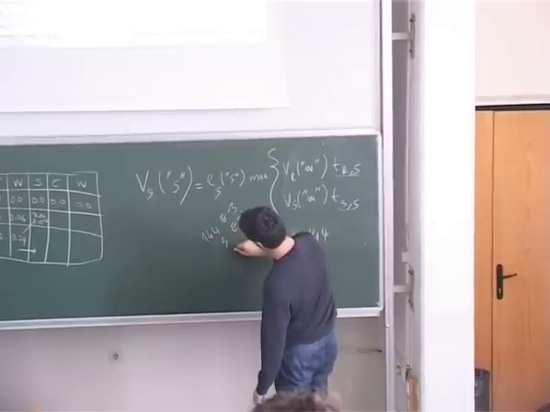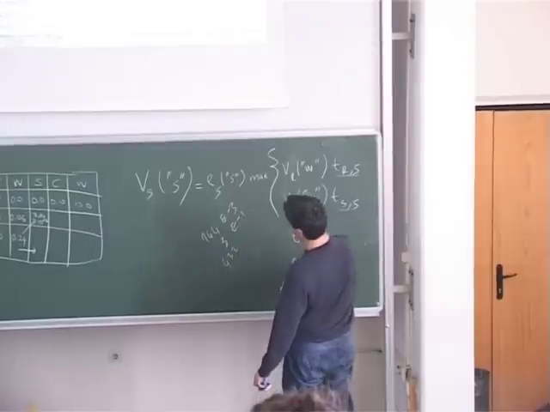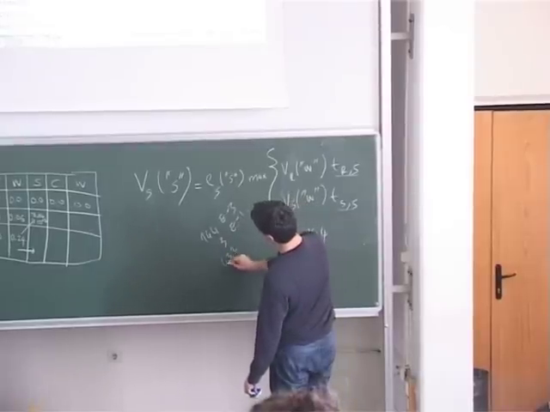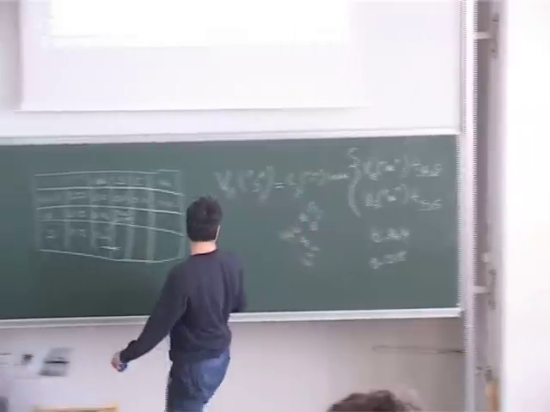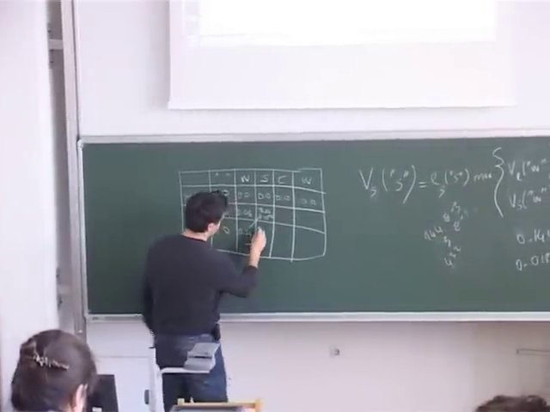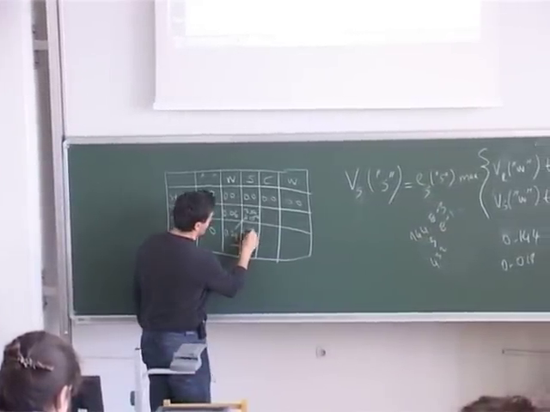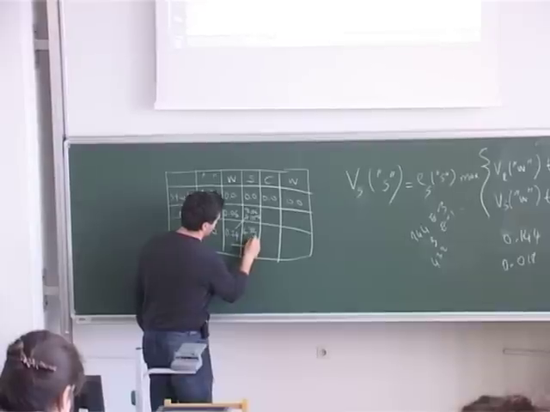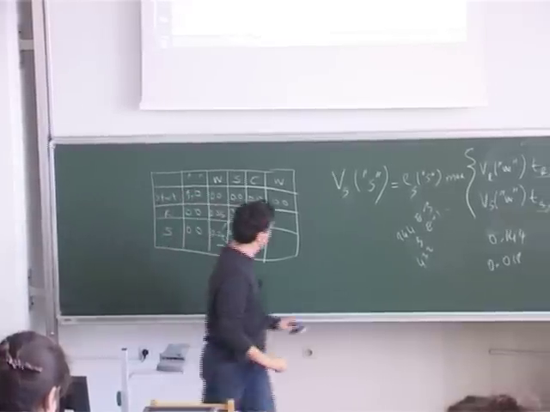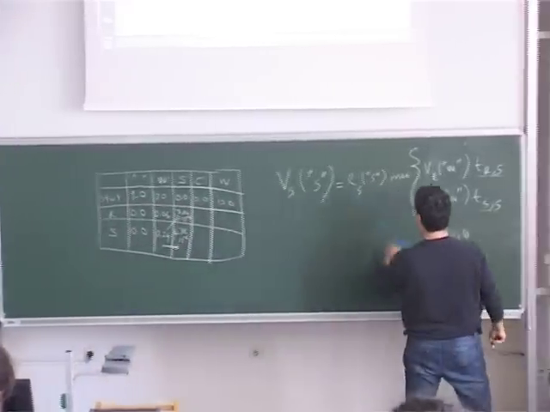It's going to be 4.32 10 to the minus 2. Okay? So we have filled in these two entries.